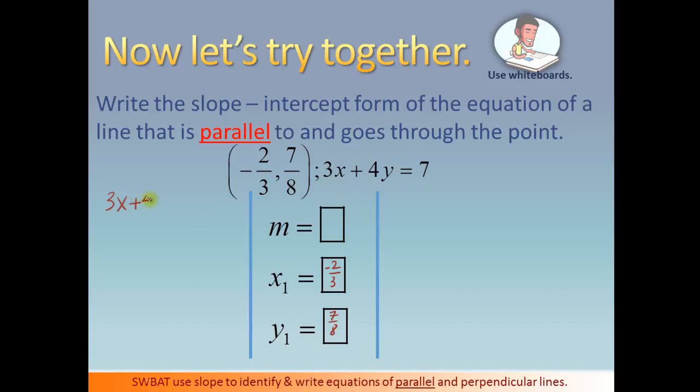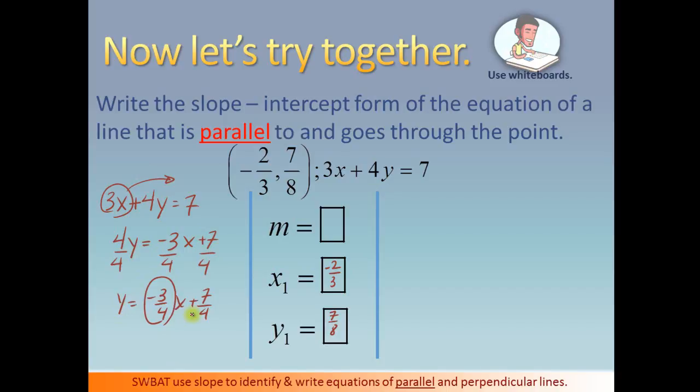So I'm going to rewrite that equation. I'm going to subtract 3x from both sides. So you have 4y equals -3x plus 7, or almost there. Divide everybody by 4. So y equals -3/4 x plus 7/4. And we know now the slope of this line is -3/4.